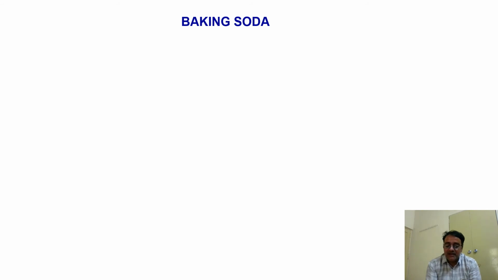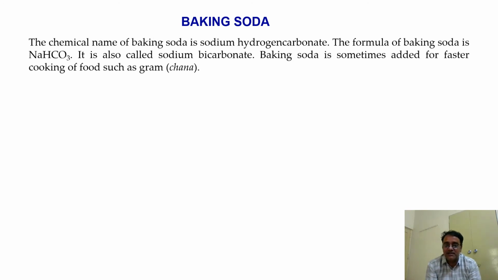It is also called sodium bicarbonate. Baking soda is sometimes added for faster cooking of food such as gram, right? So this is the theoretical part which I already told you. Now, how is sodium hydrogen carbonate formed? It is formed by reacting a cold and concentrated solution of sodium chloride with ammonia and carbon dioxide.